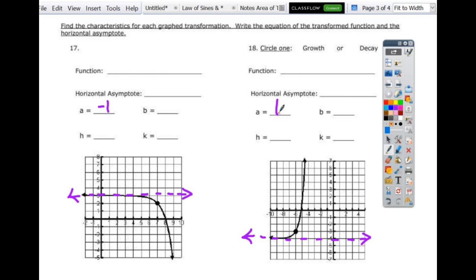So, what's the next thing I want to do now that I know the asymptote? So, when I count, 1, 2, 3. So, what do I put here? 3. So, next is the H. So, where should this point be? It should be right here. So how many did it move? 7. And the K is 3 because it's your asymptote.